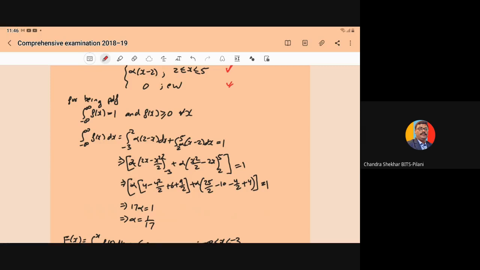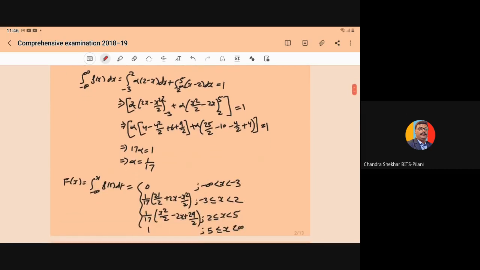When we integrate, alpha into [2x minus x square by 2] with limits minus 3 to 2, plus alpha into [x square by 2 minus 2x] with limits 2 to 5, is equal to 1. When we put in the limits, it gives 17 alpha equal to 1.